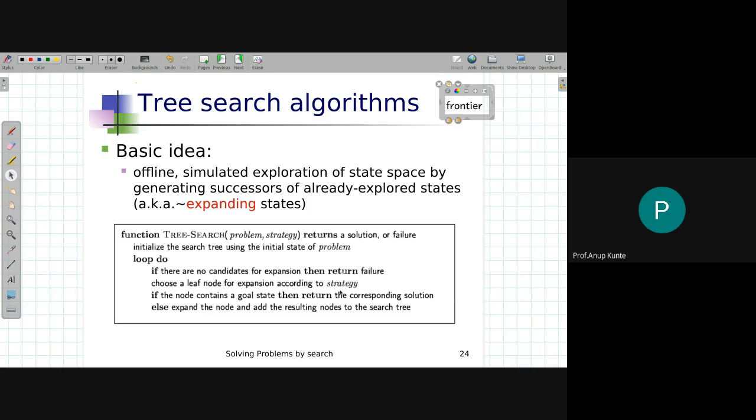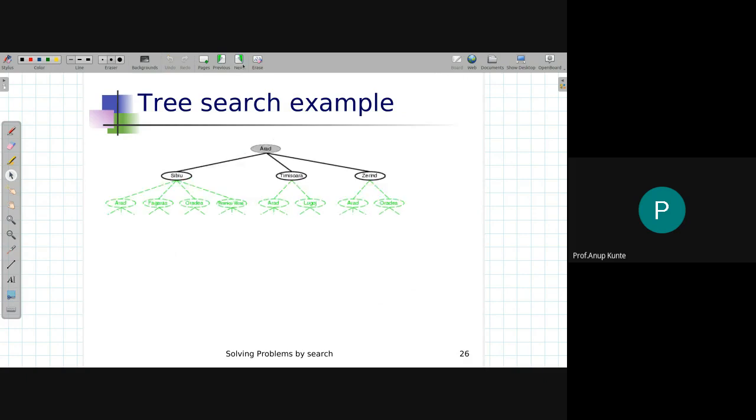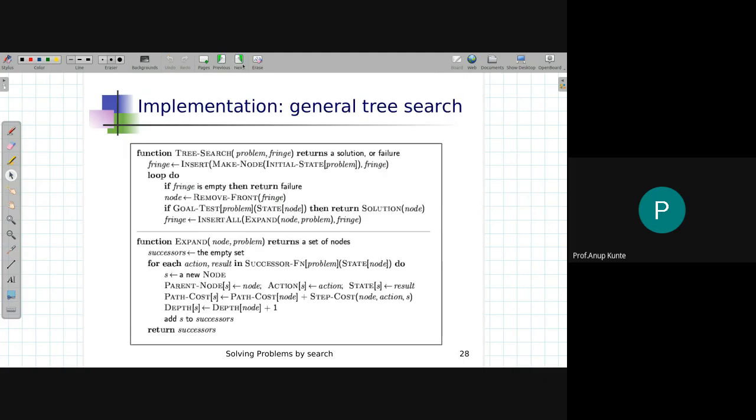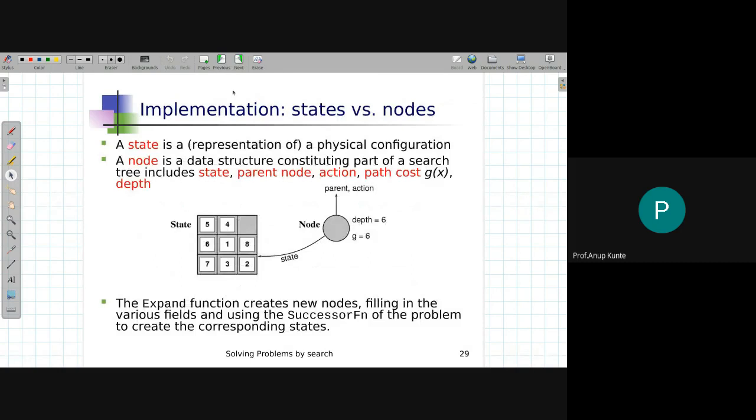Now you'll find this discussion a bit away from what we had in the algorithm earlier, because here in this particular tree search algorithm we are talking about a solution strategy. We are not just storing the state of the problem as one of the frontier nodes.